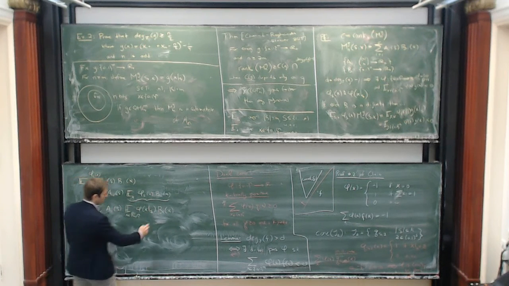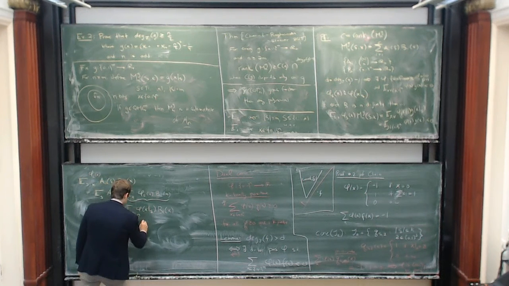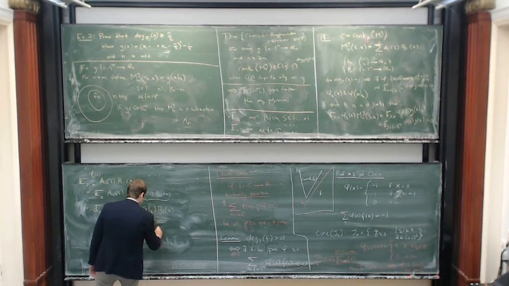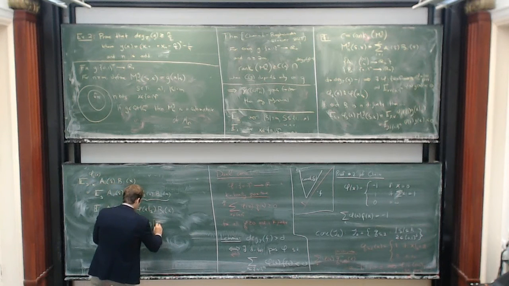But the point is, if this is a d-junta, I guess we can write it like this. Take the expectation over only the bits in S of phi of y, and then inside we average over the rest of the thing.